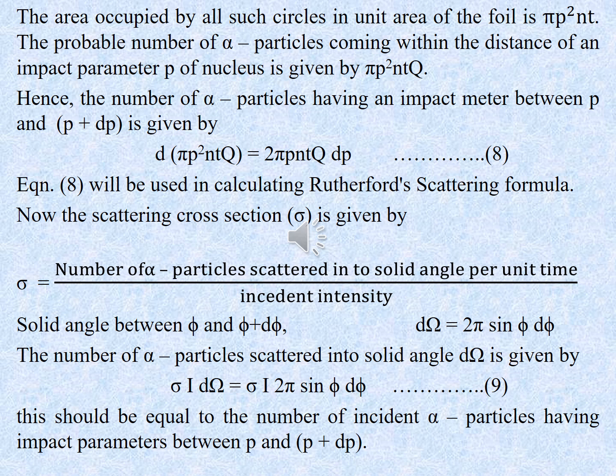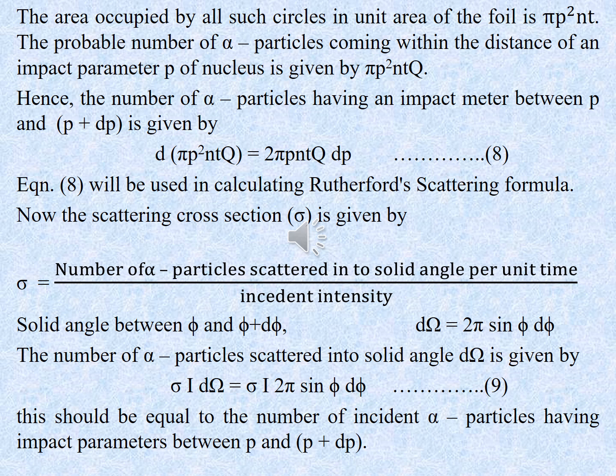Now, the scattering cross-section σ is given by the number of alpha particles scattered into solid angle per unit time by the incident intensity. Solid angle between φ and φ plus dφ, dΩ is equal to 2π sin φ dφ.